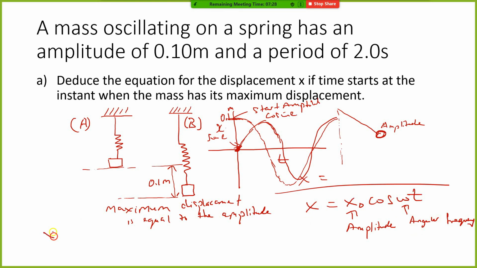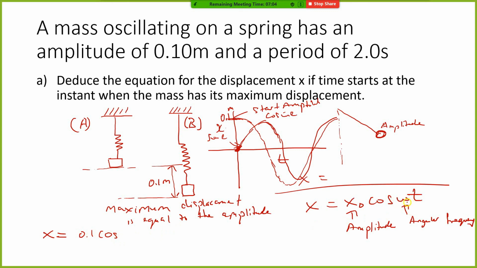So we want to come up with the equation so we can put in the information that we know. My amplitude is my maximum displacement, which is 0.1 meters, but now I need to put in the value for omega.